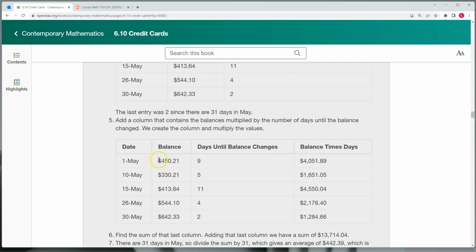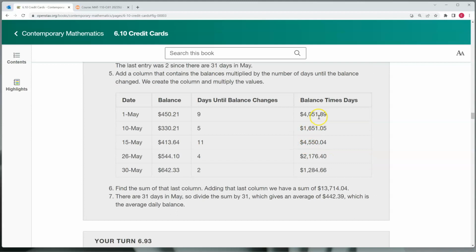So we would then multiply the balance by the number of days that it was there. So for example, 450.21 times 9 is 4,051.89. That's going to be the sum for that balance. And then we add it all up. We add all of these numbers for the balance times days, and that gives us $13,714.04.